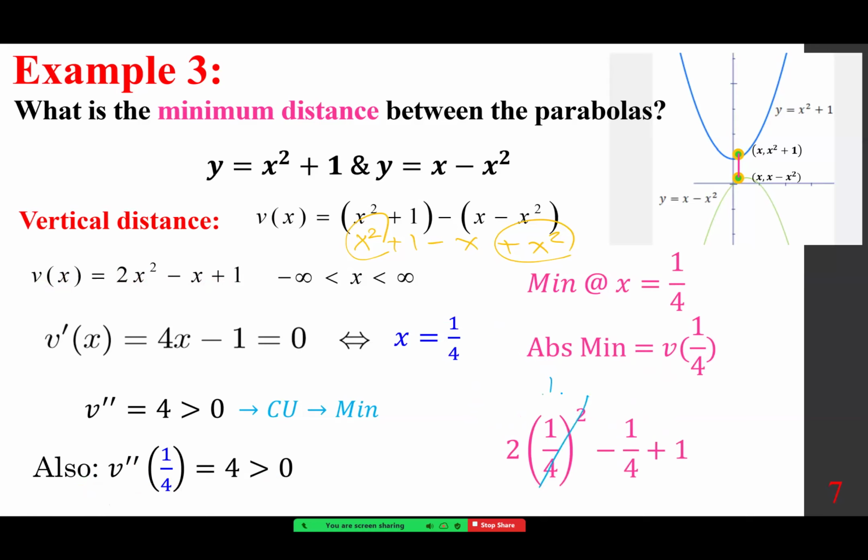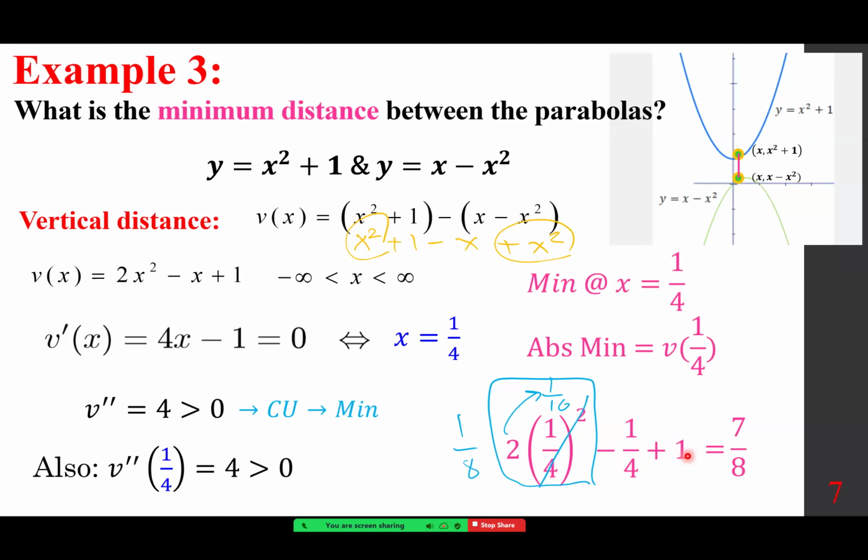This is 1 over 16 times 2, makes this 1 over 8, minus 1/4 or minus 2 over 8 makes it minus 1 over 8, and 1 becomes 7 over 8. So the absolute minimum is 7 over 8.